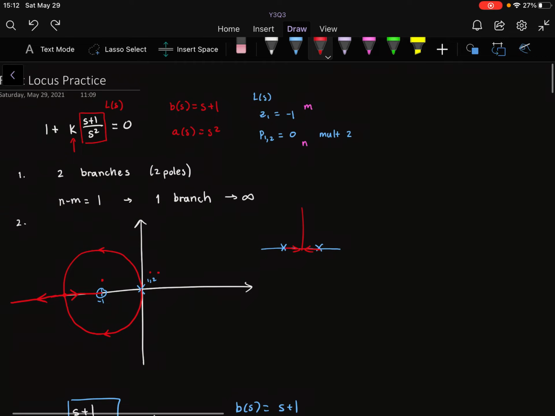So if we didn't have that extra third pole, that's this example, you would end up with something that looks very similar to the one where we had a pole at negative 12, because negative 12 is pretty far away, so it's kind of like it's going towards infinity, and so it's going to have very similar behavior to if your L of s was s plus 1 over s squared, and then s plus infinity. So negative infinity is your root. That's what the 12 is doing.